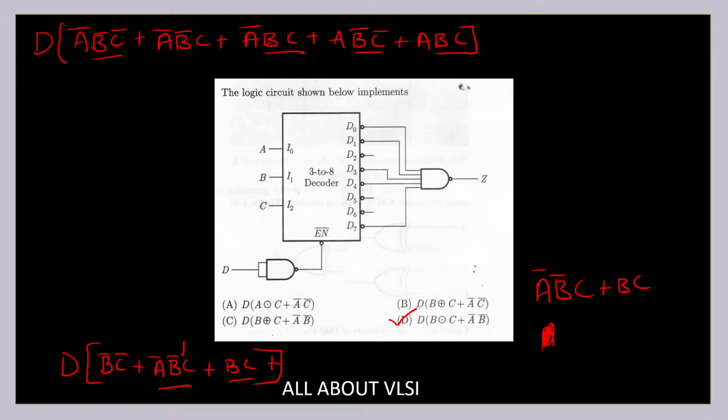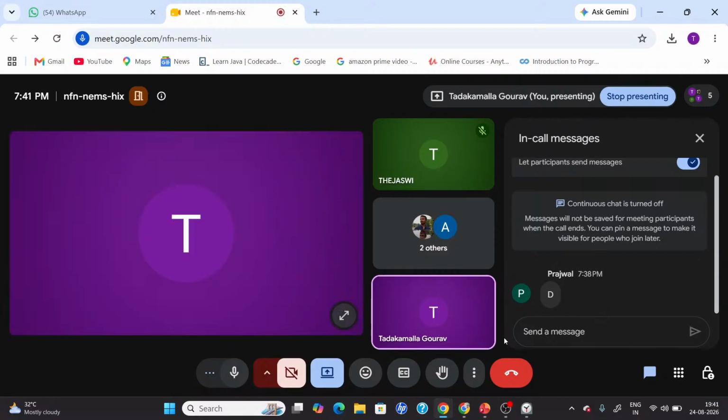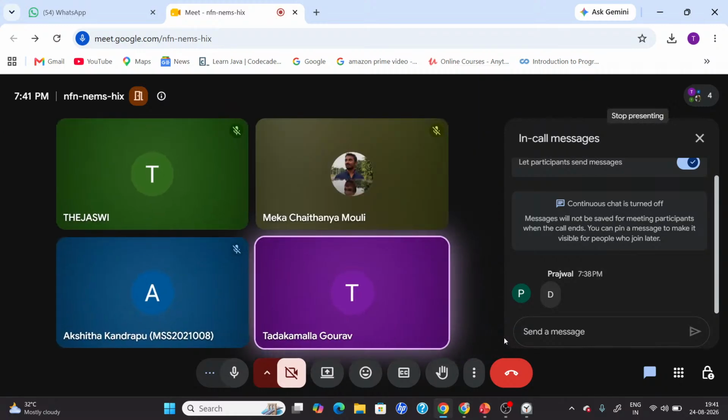Okay, using K-map you can solve it and once verify whether you are getting option D or not. Am I audible for others also? Once please let me know. Hello.